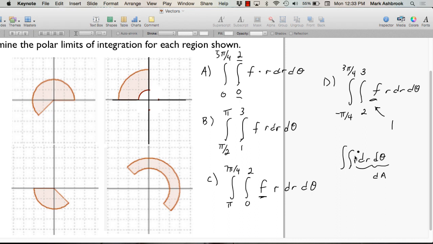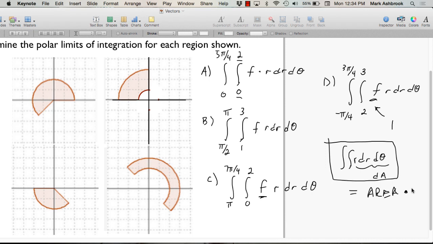And when you do the first antiderivative, what will it be? r squared over 2. Antiderivative of r with respect to r. So when f equals 1, your dA is still r dr d theta, so you still have the integrand r. This will give the area of the region.